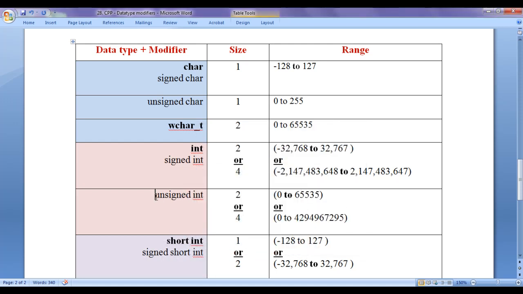As it is unsigned int, we can store only positive values. So the minimum value possible to store is 0 and the maximum value possible to store inside 4 bytes of unsigned int type memory is 4,294,967,295 guys. I hope you guys are clearly understanding.